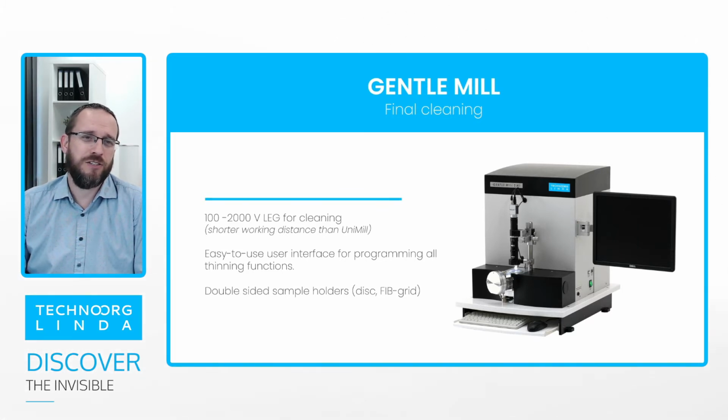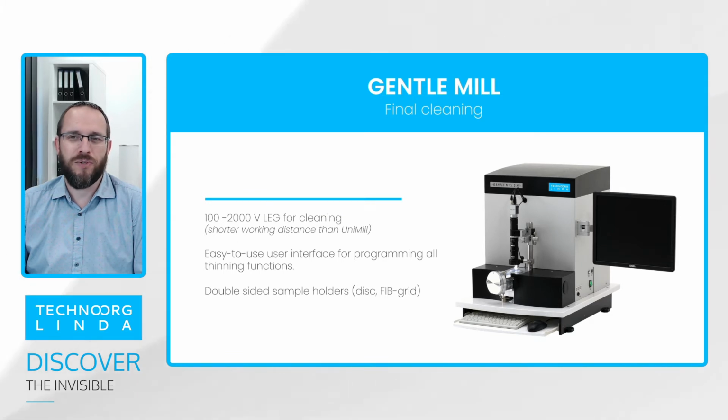It has an easy to use user interface, almost the same as in the case of UniMill. And it has double-sided sample holders, as in this case we do not need to worry about heat load on the samples. The low energy ion beam creates a very small amount of heat on the samples.